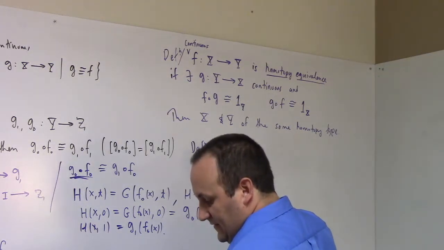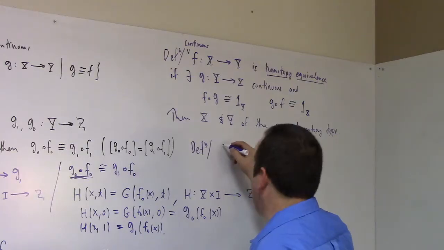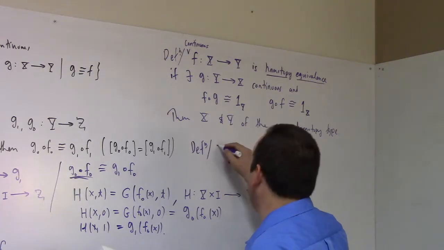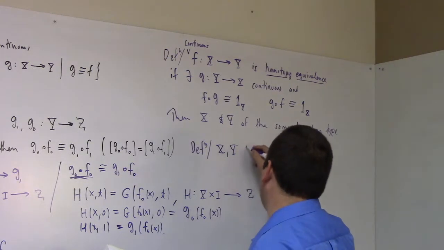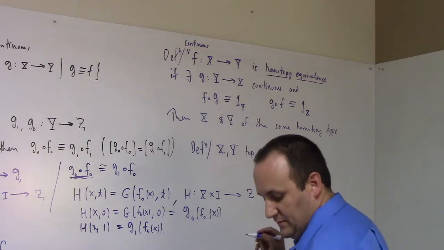So let X and Y be spaces, topological spaces. He just says spaces, brevity is the soul of wit, right? So you need topological spaces.